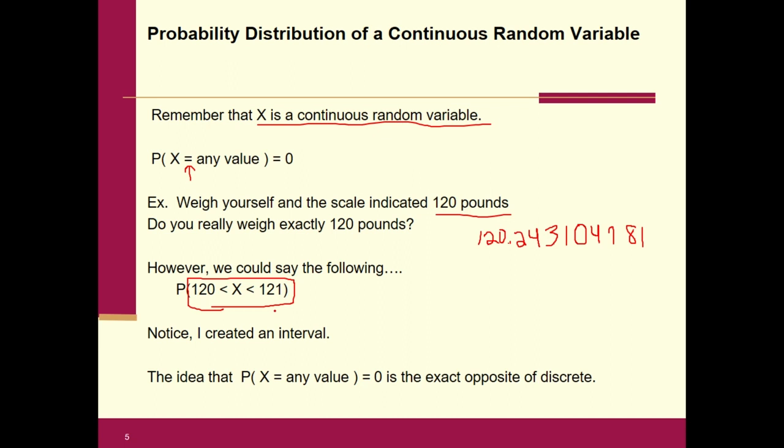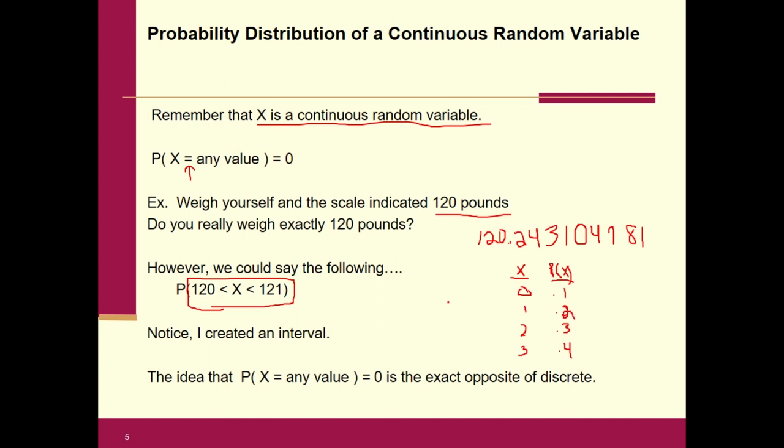With the discrete world, we did a probability distribution with a chart: maybe a 0 here, 1 here, 2 here, 3 here, and we created a probability distribution, something like this.